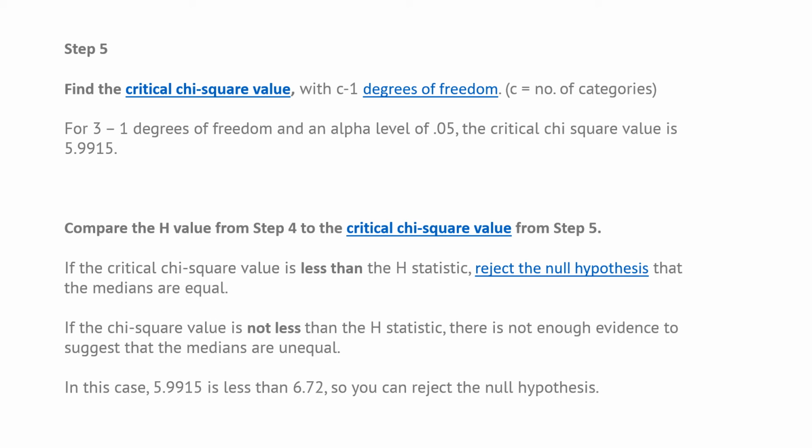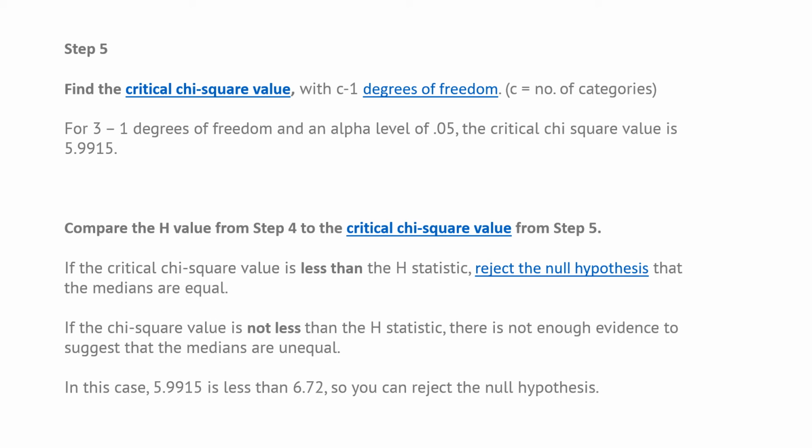So 3 minus 1, 2 degrees of freedom, and an alpha level of 0.05. The critical chi-square value is 5.9915. So you have to check whether the H value you got is higher than the critical chi-square value for C minus 1 degrees of freedom.